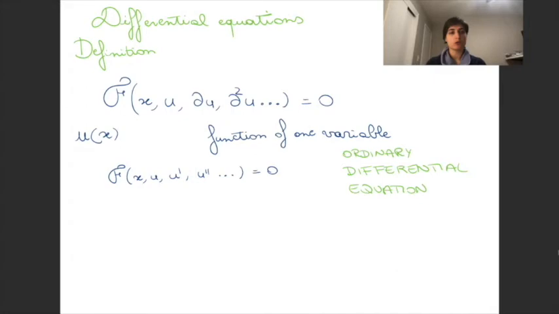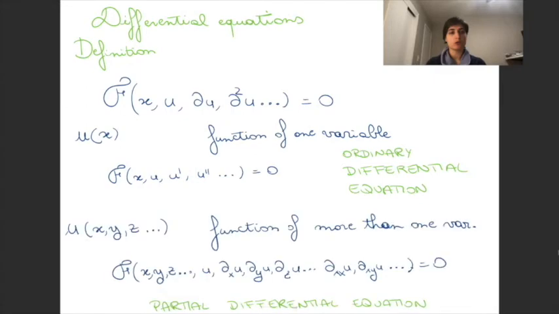On the other hand, we can look at functions of more than one variable. So we can have a function u that depends on x, y, z, maybe it depends on t or some other variables. The key element is that it depends on more than one variable. Then we have a differential equation that takes into consideration the variables x, y, z, and so on, the function itself, u, and all possible partial derivatives.